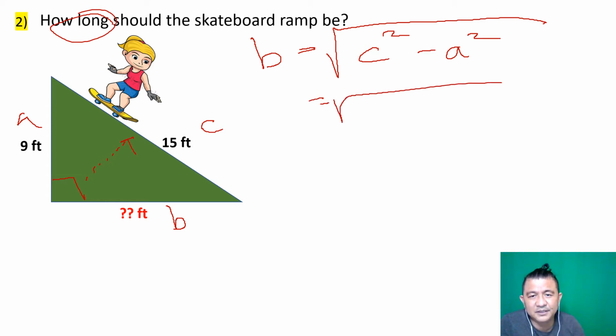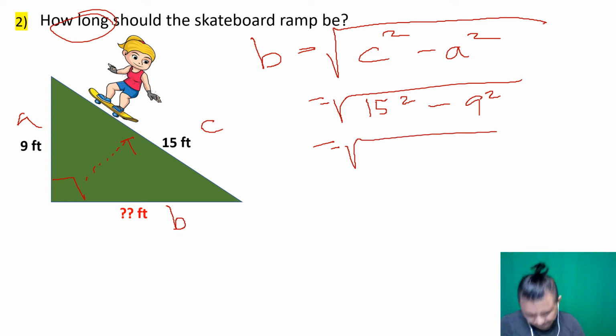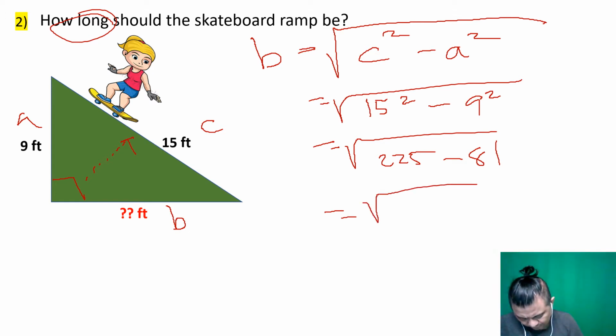So let's simply plug it in. c squared is 15 squared minus 9 squared. Okay, 15 times 15. 15 squared will give you 225. 225 minus 81, of course, 81. Okay, subtract first. 225 minus 81 is 144.